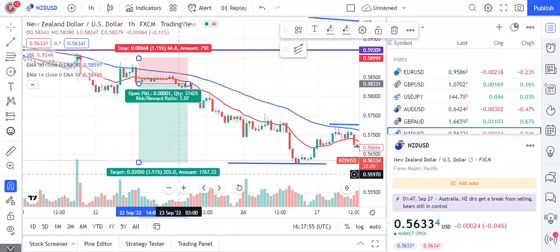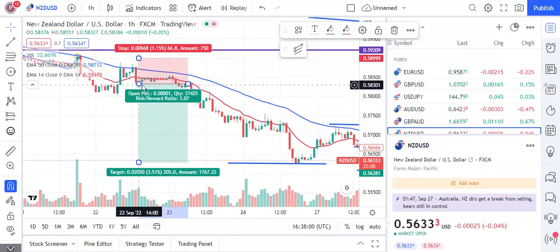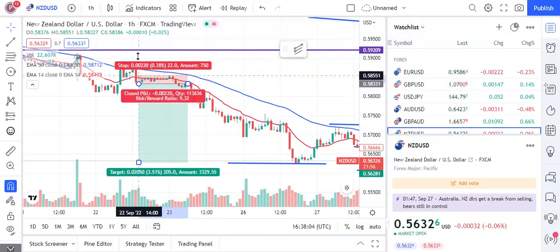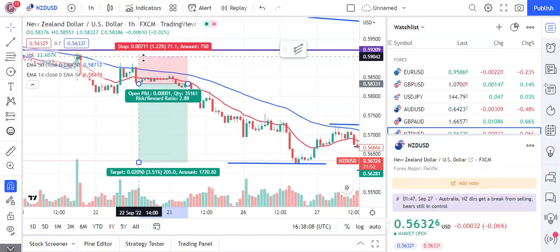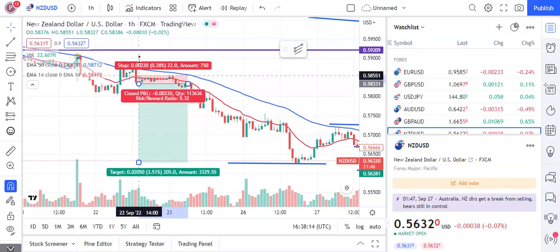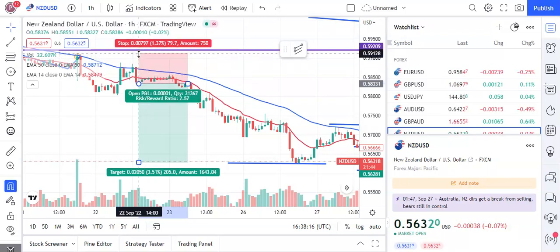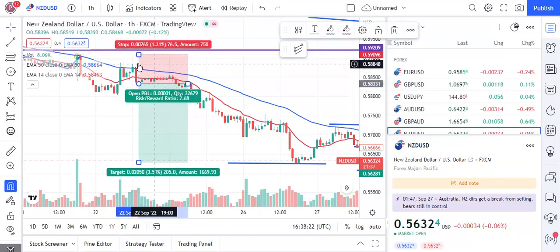Price dropped down 205 pips. And then at my entry point here, this stop loss is about 66 pips, or maybe below 66 pips. So it's about 66 pips.